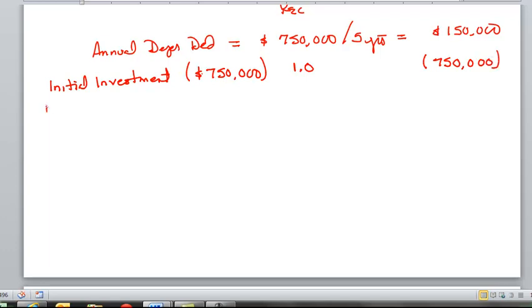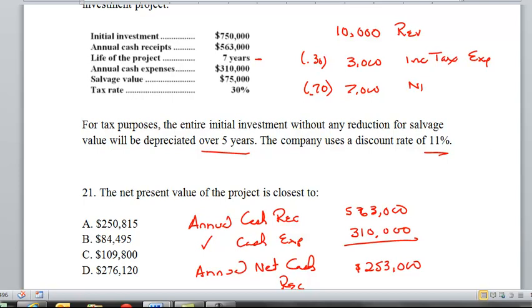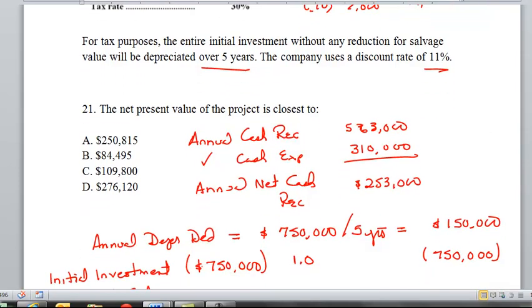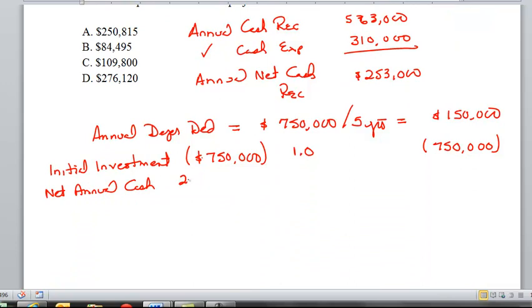Then we have the net annual cash receipts, and that we know from above was $253,000. Now it's revenue or income, net income after taxes. So we're going to net 70% of that.